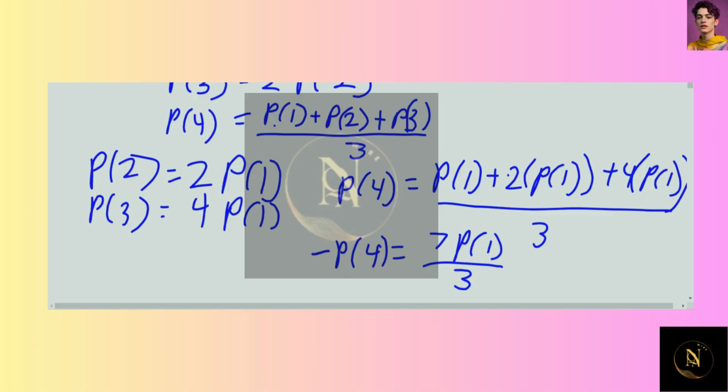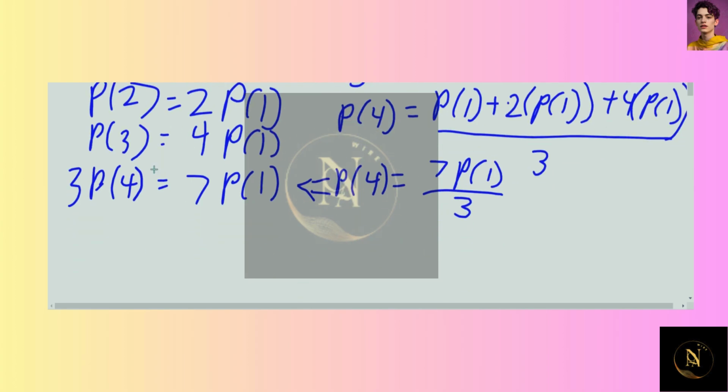So now we can see that 3 times our probability of 4 equals 7 times our probability of 1. Now, from this determination, we can look at our relations between all our probabilities.